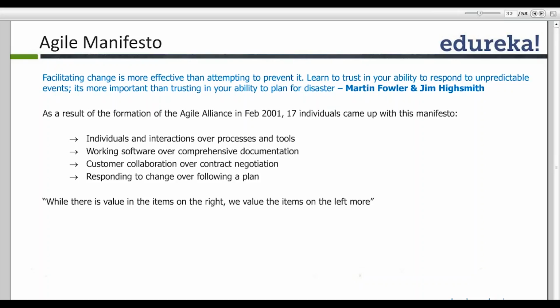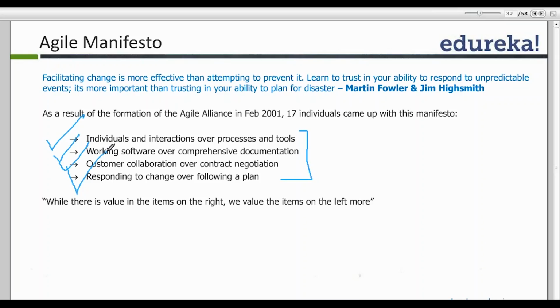So what Agile Manifesto says is that although the items on the right hand side have got a value, as a professional, we value the items on the left more. So the items on the left carry more value than the items on the right. It doesn't mean don't do items on the right hand side.